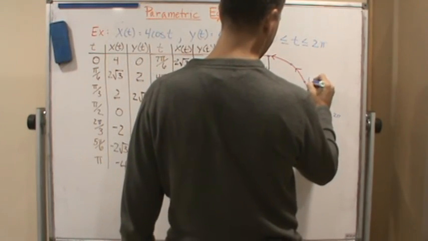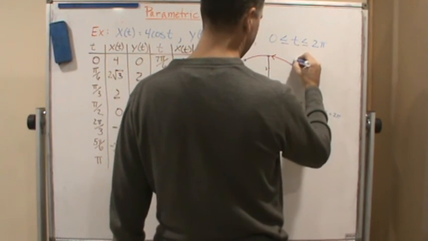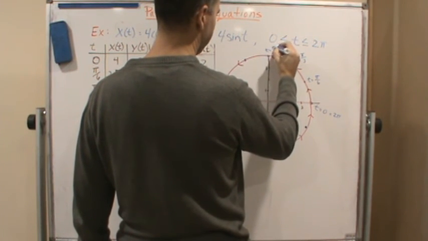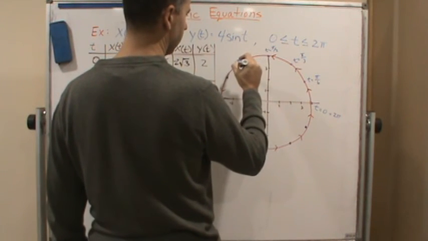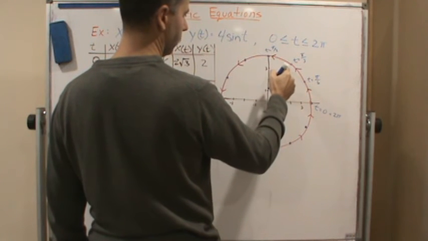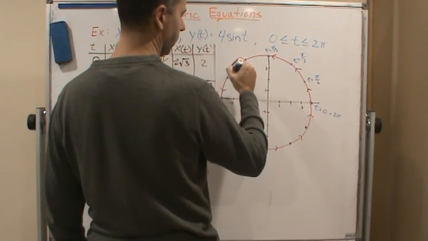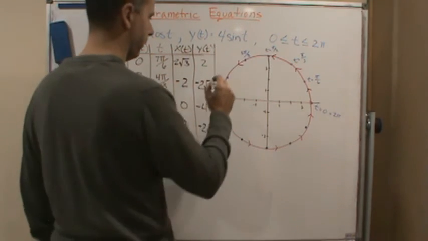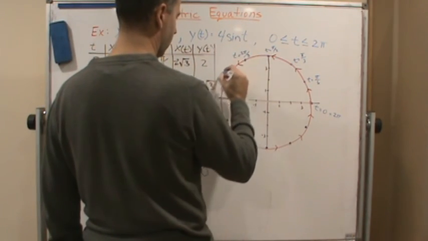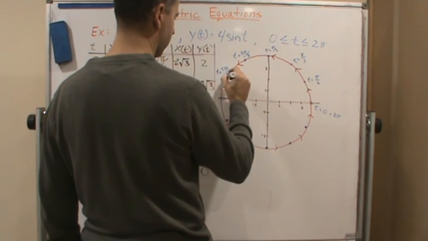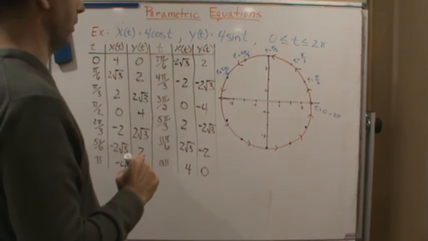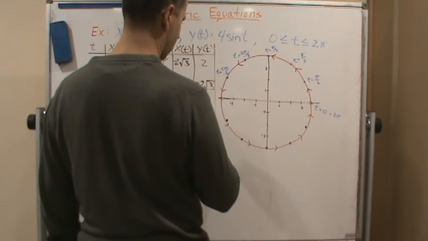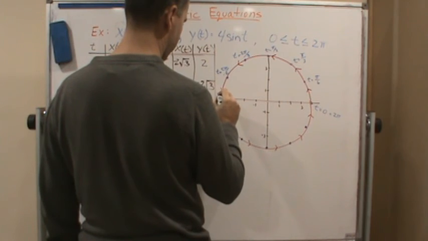And then of course we have t equal to pi over 6, t equal to pi over 3, t equal to pi over 2, and then we've got 2 pi over 3, 5 pi over 6, and we've got pi, and so on.